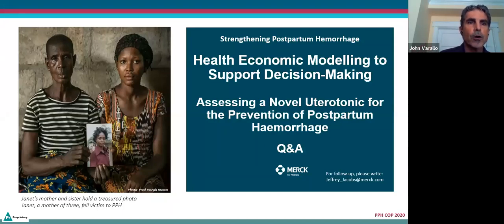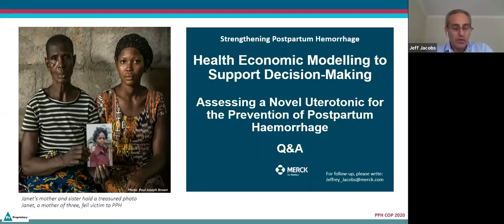What cost did you use for carbetocin? Understand that there are going to be cost differences by countries. We use the price statement that Ferring Pharmaceuticals has issued at 31 cents per ampule. That does not include logistics costs, et cetera, but that's what's in the model: 31 cents.